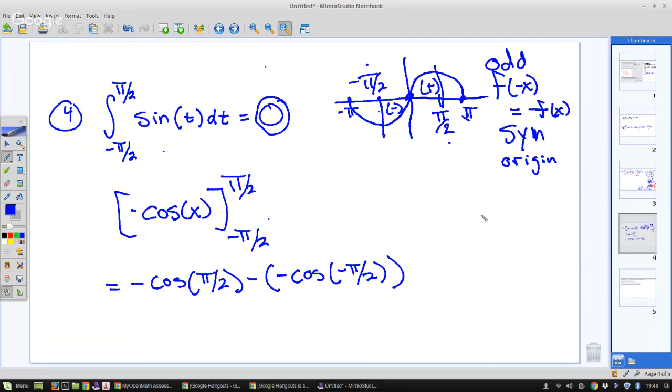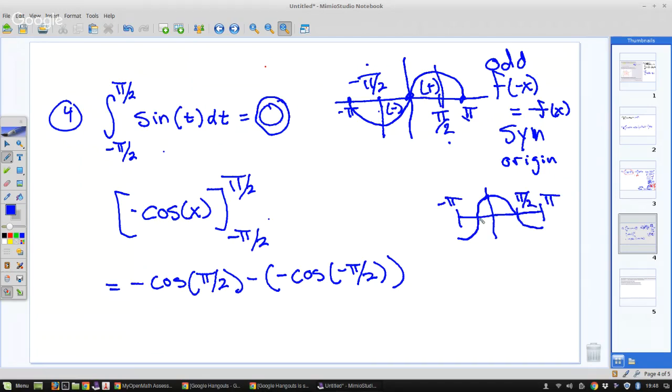Considering the cosine function peaks here, drops down, keeps dropping down, and then it starts to rise again, and it does similar stuff on the other side. So here I have a complete cycle from here to here. That's going to be a distance of 2 pi, so this side is pi, this side is negative pi, and we bottom out right in the middle.